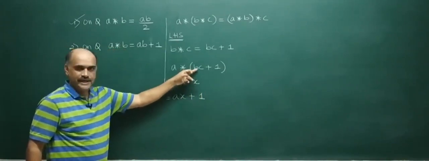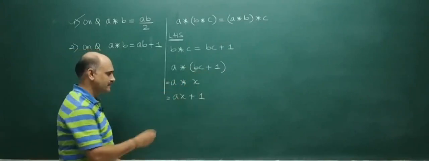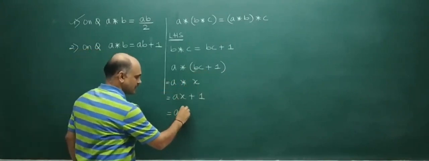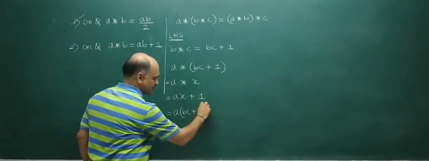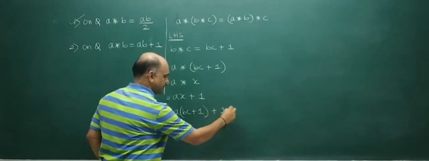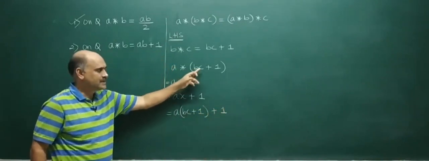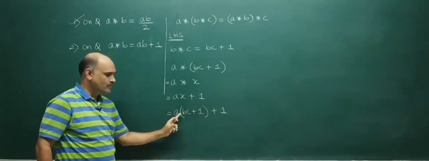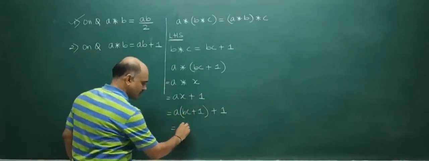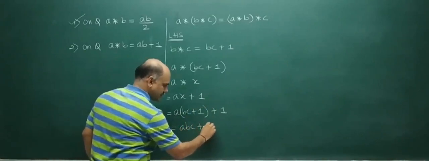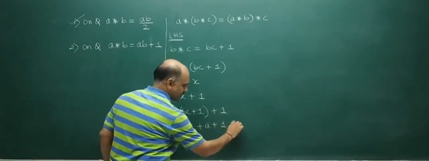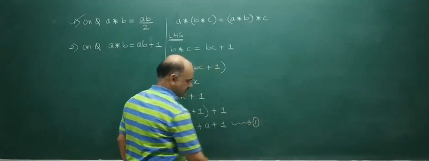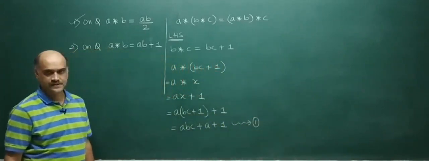Now substitute X. X is this bracket, so A(BC plus 1) plus 1. Now multiply A. You will have ABC plus A plus 1. This is LHS.